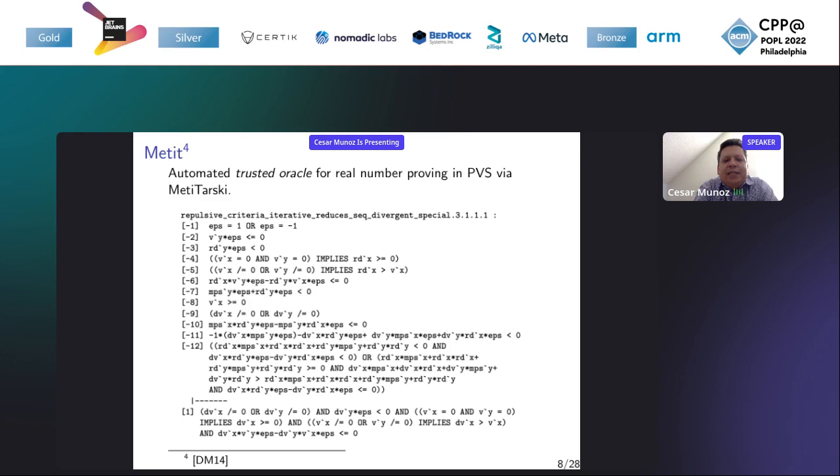In particular, this sequent that I'm presenting here is an actual sequent from an actual verification that we did after AILs, the verification of a conflict resolution algorithm. This particular sequent has like 13 variables, if I remember correctly, and is automatically solved by MetiTarski.